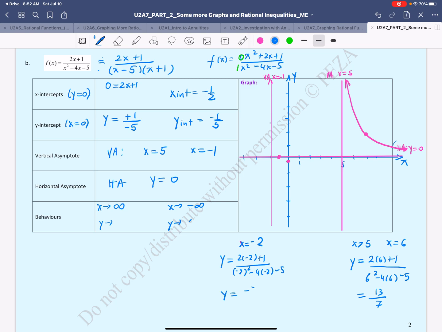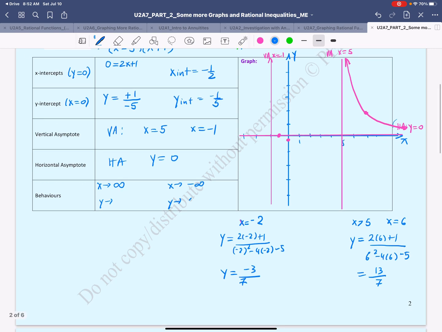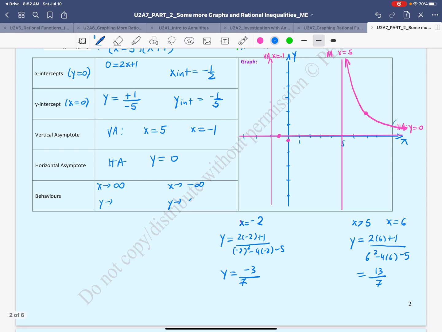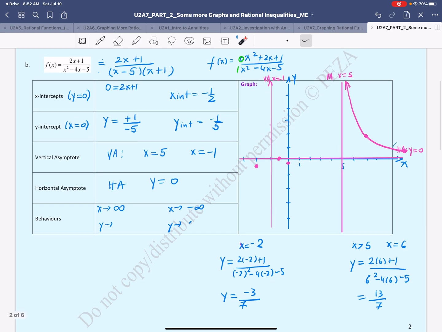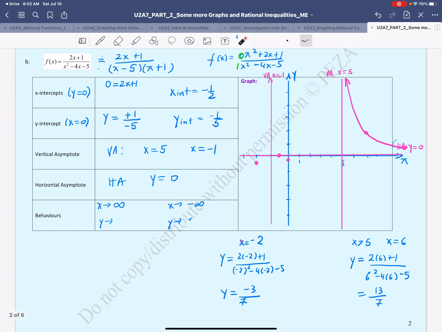So we have -3 over 4 plus 8, 12, 12 minus 5 equals 7. And this will be a negative number, -3 over 7. So at -2, we have -3 over 7, which is even less than a half. That tells us that for x values to the left of -1, the graph of the function will be below the horizontal asymptote. So here we go.